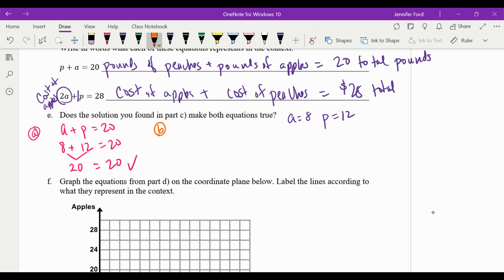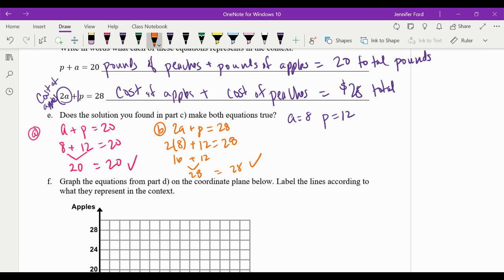And then the second equation, 2A plus P equals 28. So 2 times 8 plus 12 equals 28. So 16 plus 12 really does equal 28. Okay.